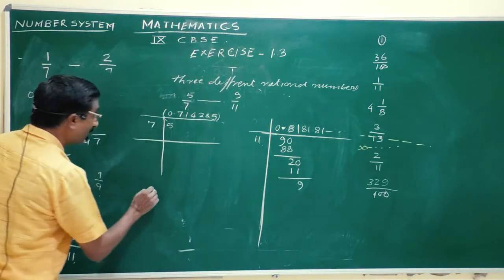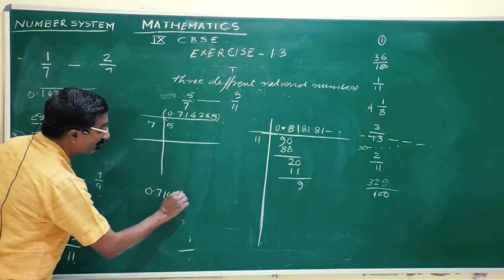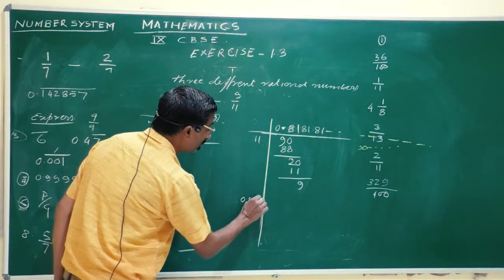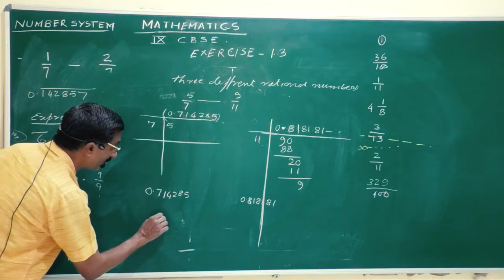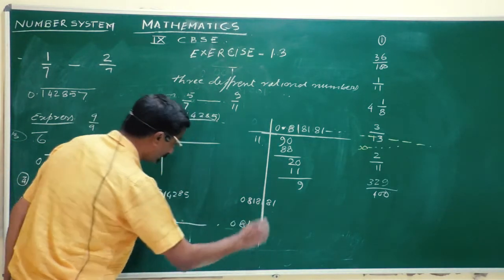So we have to find numbers in between 0.714285 and 0.818181. In short, we have to find numbers between 0.71 and 0.81.